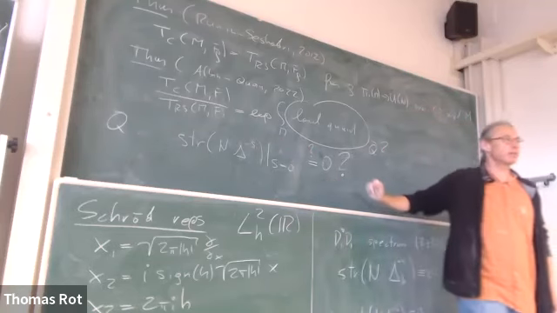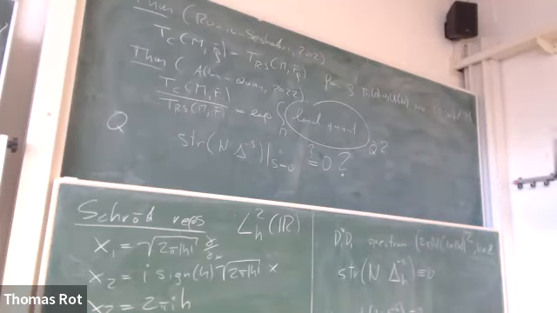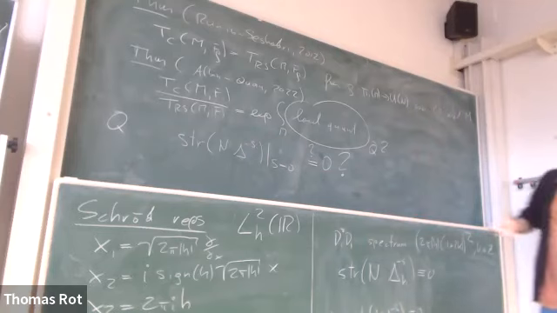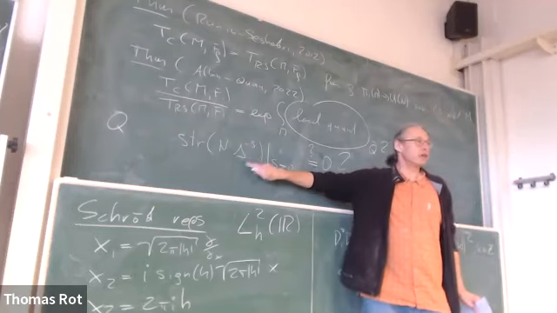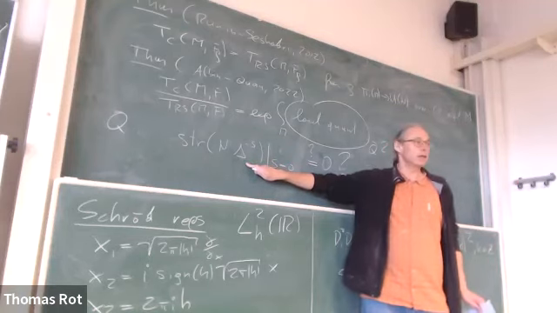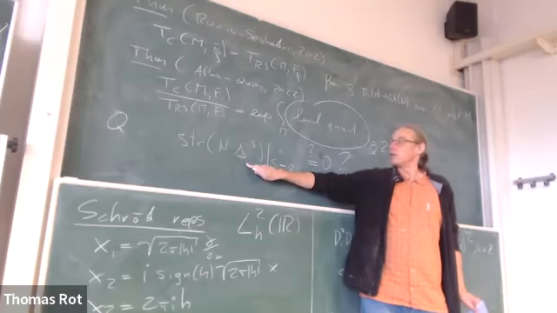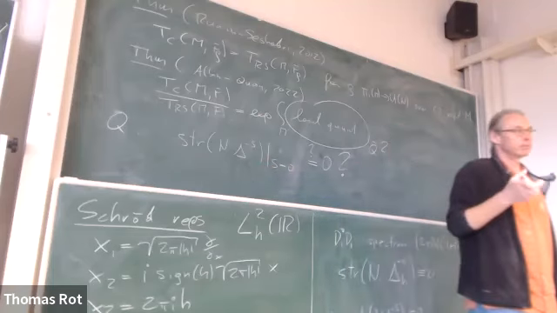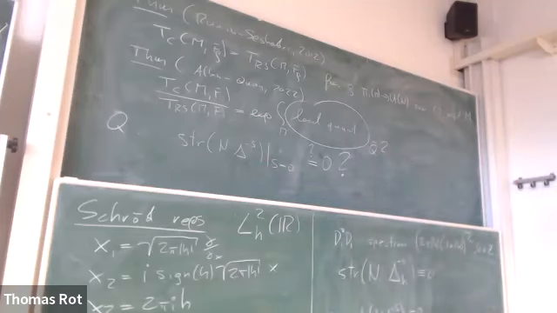For three-dimensional contact manifolds, it could be 0, and in general, we don't know. What we do know is that this is a contact invariant. This quantity here does not depend on the sub-Riemannian metric, and it remains unchanged if you move the contact structure within the same contact class.